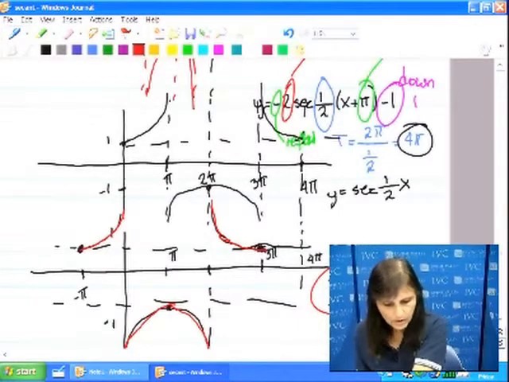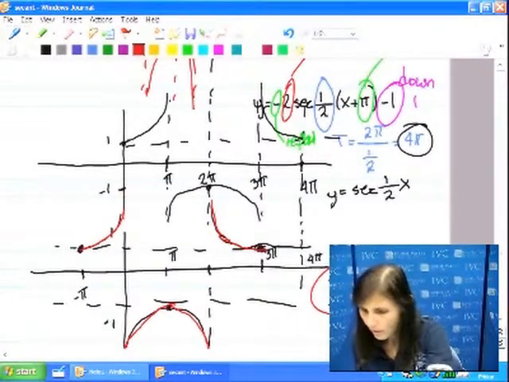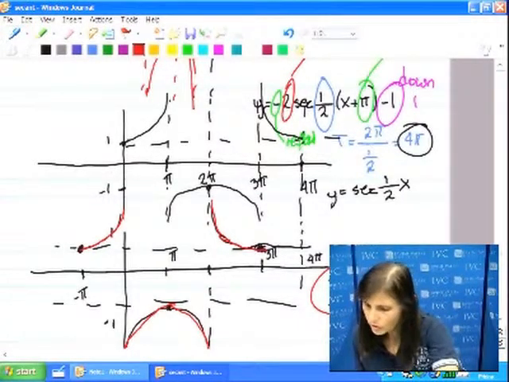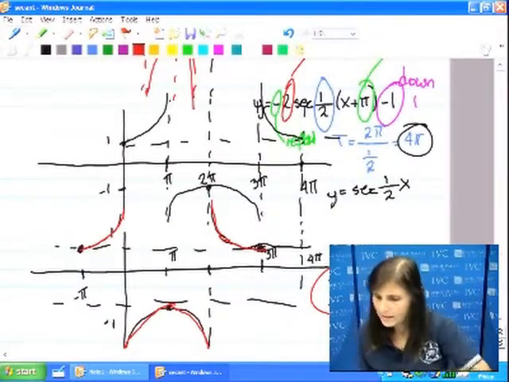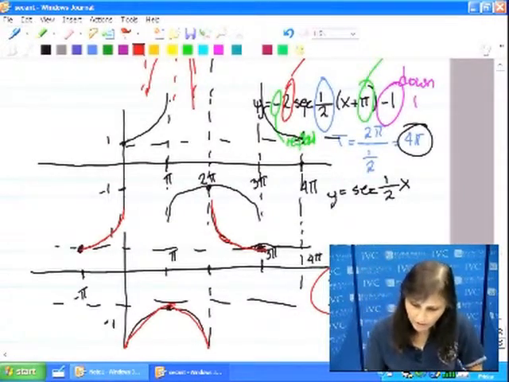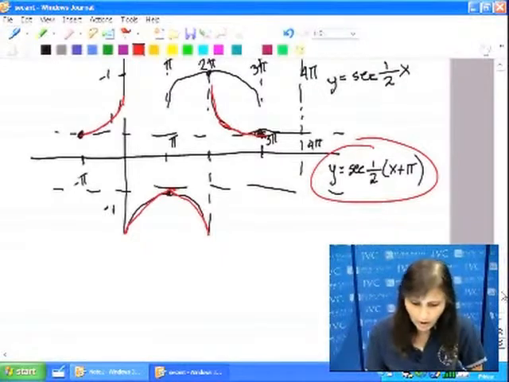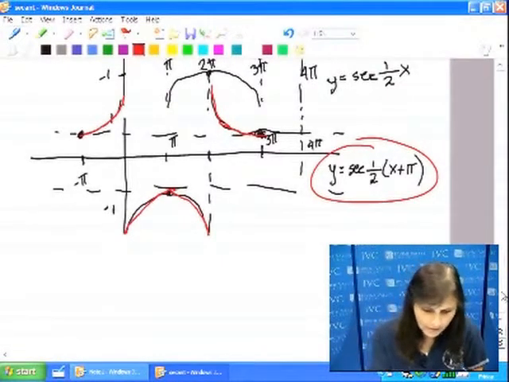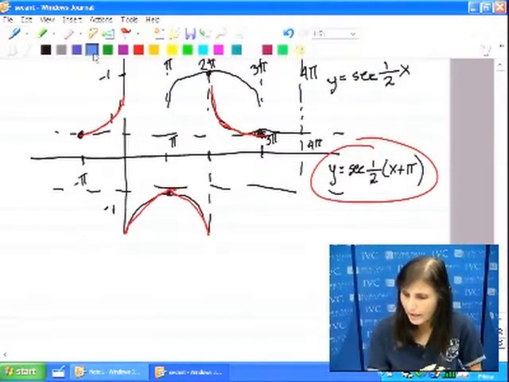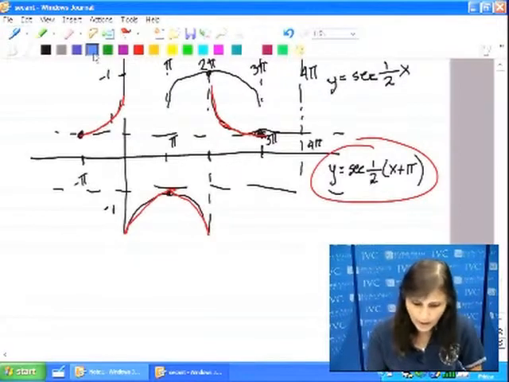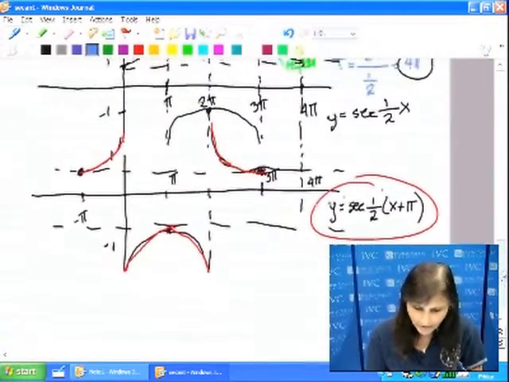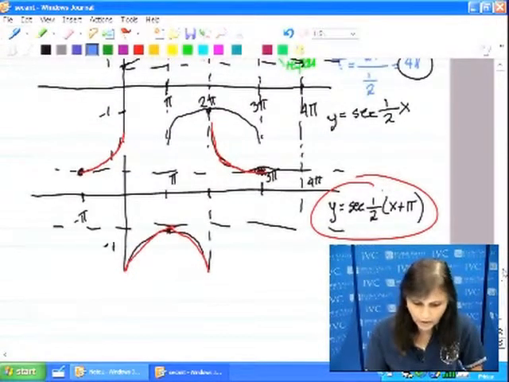Now we are going to multiply this by -2. What does that mean? When I multiply everything by -2, it's going to reflect and be up twice.